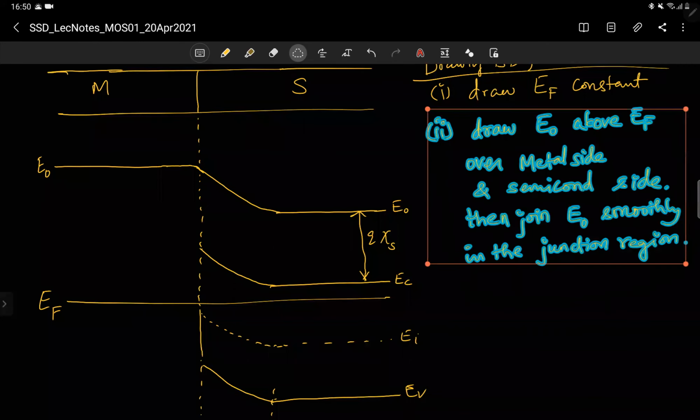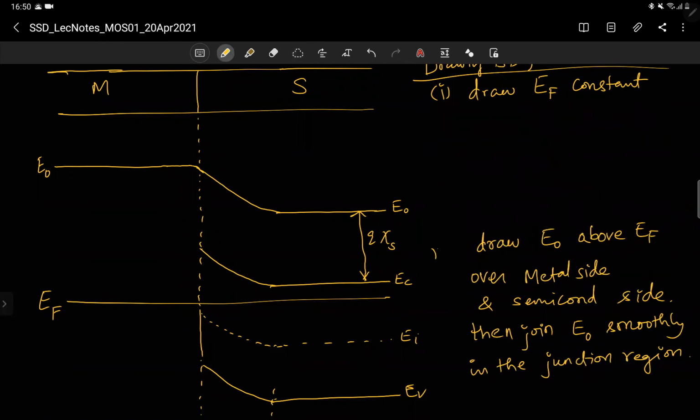Why is it third? Because the second point is you have to identify, you have to leave some gap, because we have left initially this much gap for the junction region.